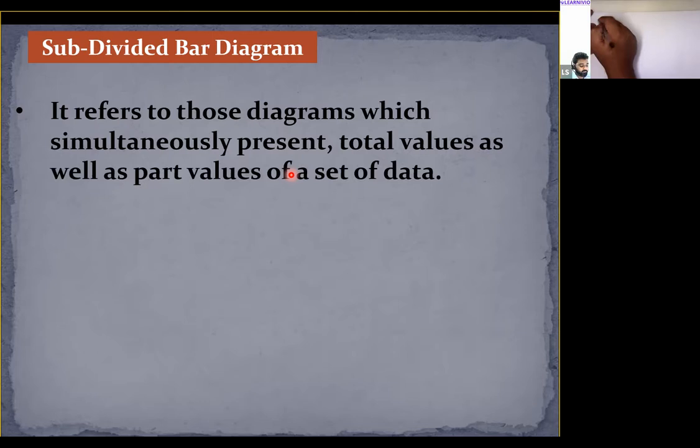All right. So let's take an example to understand subdivided bar diagram. Let's suppose there are 3 students, X, Y, and Z, and they have scored their marks in different subjects.